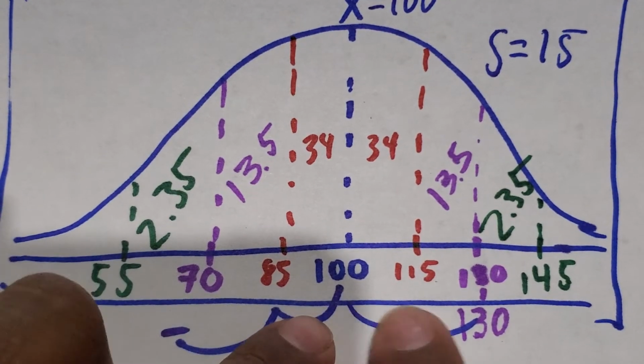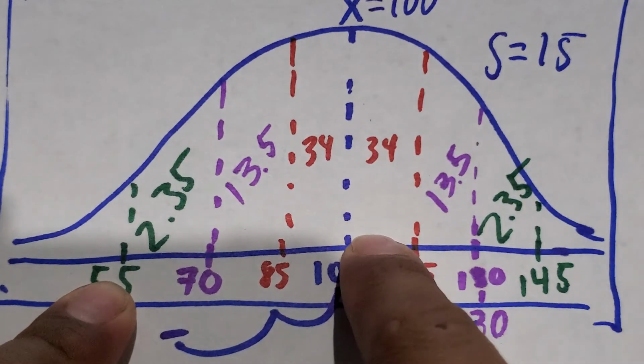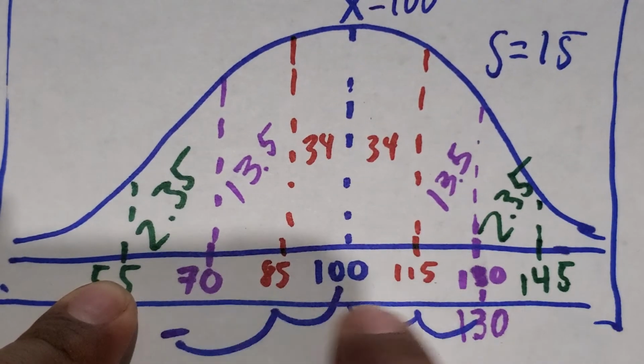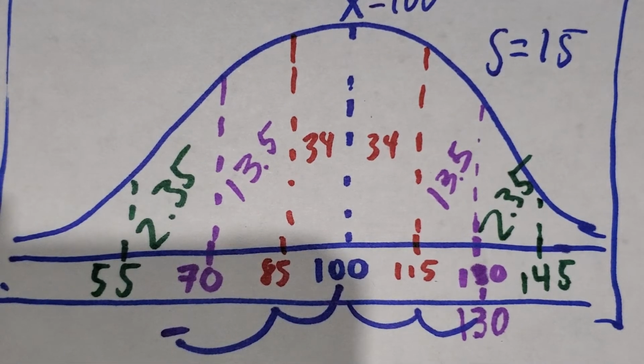That means 3 above and 3 below, which for all bell-shaped symmetric curves, 99.7% of your data values are within 3 standard deviations. Now the last question says, what percent of IQ scores are above 130?